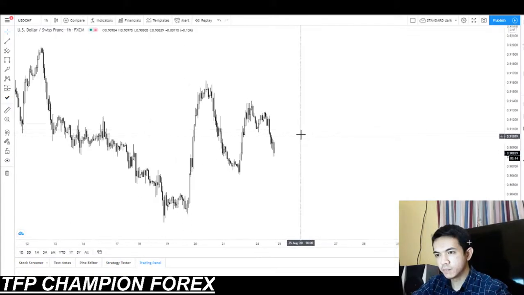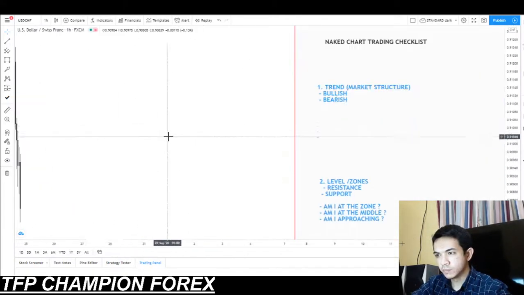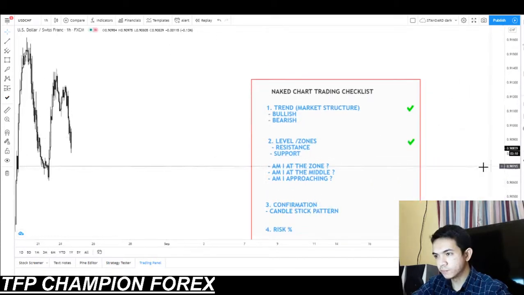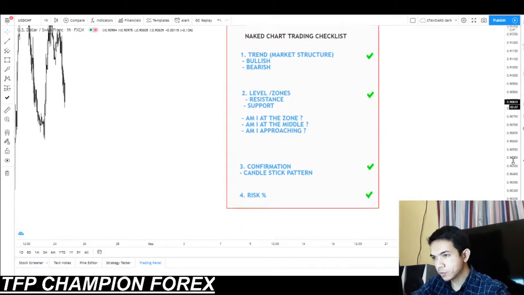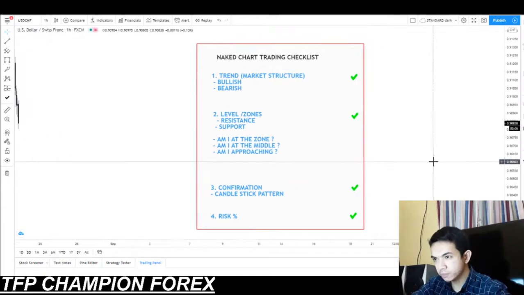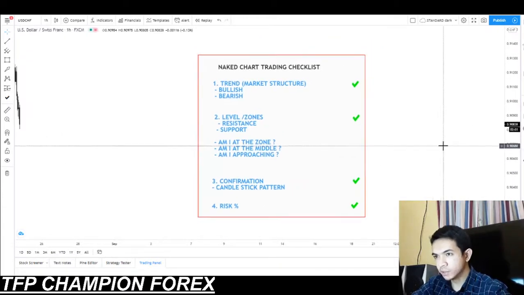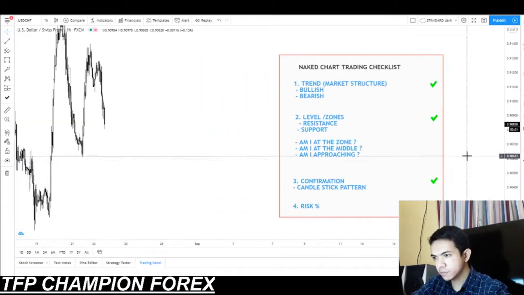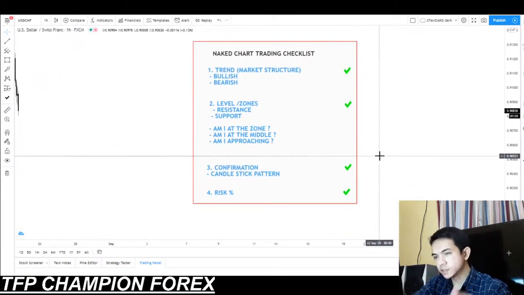Whenever I place a trade, incorporating naked chart trading, I always ask myself these things. I already have shared some of this in my past video. However, I will give more emphasis on this for this specific episode.